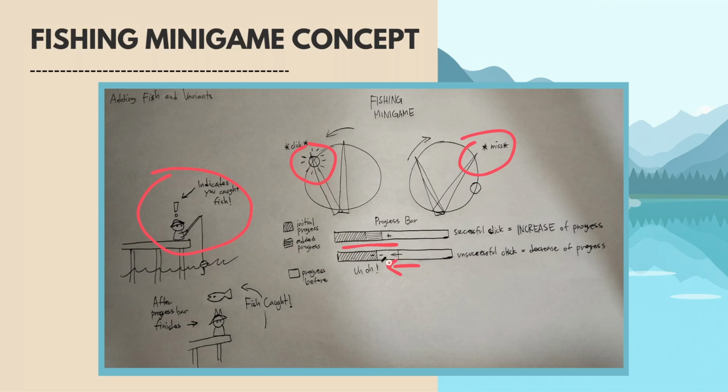And if you keep missing, your chances of catching a fish will be 0 because you missed all of the clicks and your progress bar has gotten down to 0. Which is why you need to have multiple successful clicks in order to finish your progress bar. After the progress bar is finished, you'll be able to catch the fish, and then the game will tell you how much it costs.